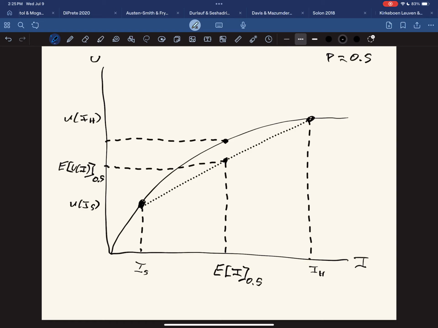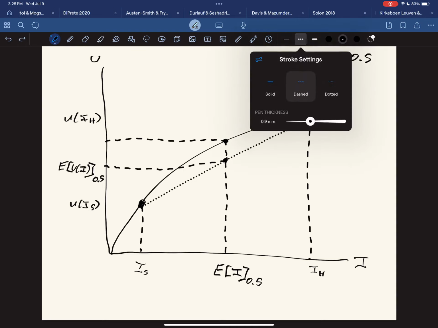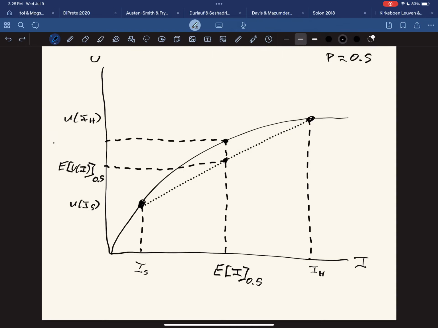because this is the utility. No dashed line there. Because this right here is the utility of the expected value of my income, at 0.5. So you may notice the utility of the expected value of my income is higher than the expected utility of my income.